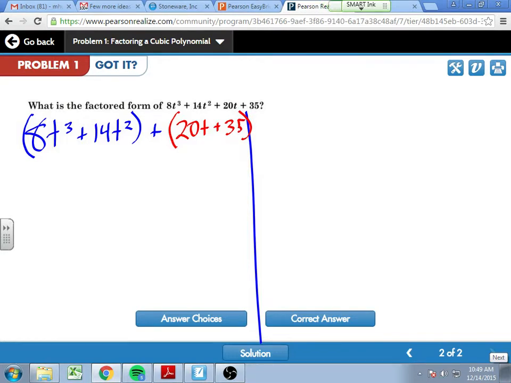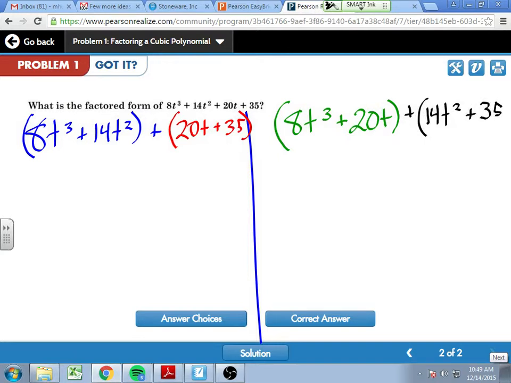Greg, how'd you break it up? The 8t cubed and the 20t. Now I'm just really curious to solve this and see if it works out the same way, because I think it should. I can't give you the answer. Well, I know, but we're gonna work it through. So then your other group had to be the 14t squared and the 35.